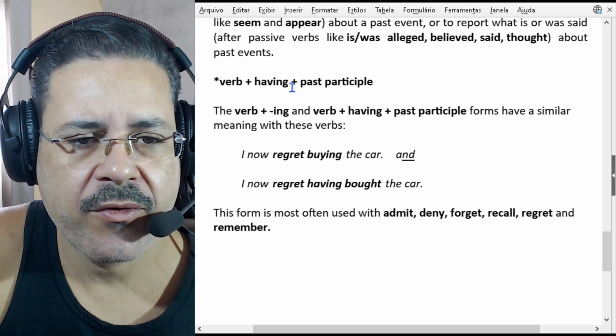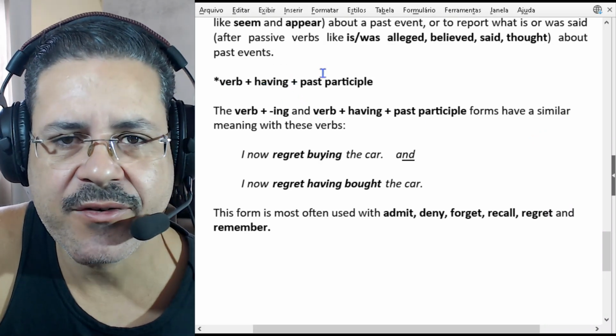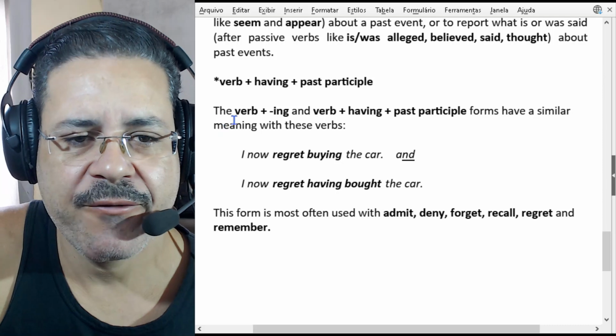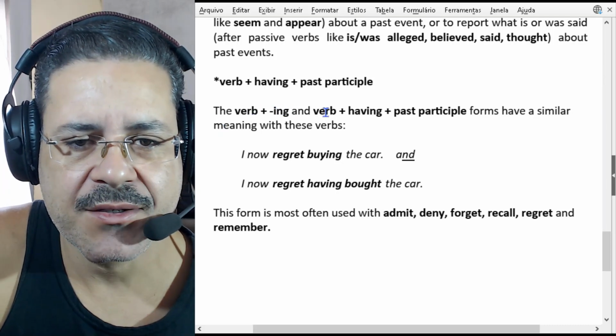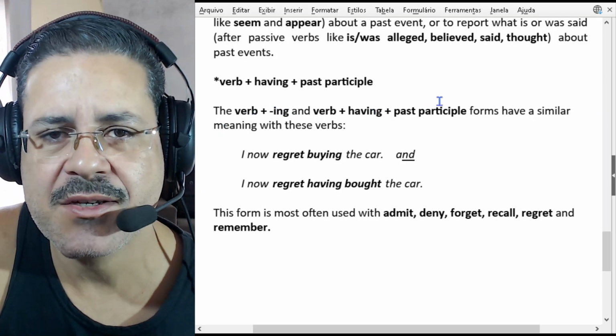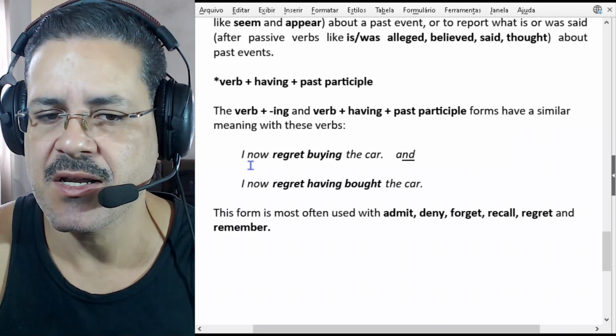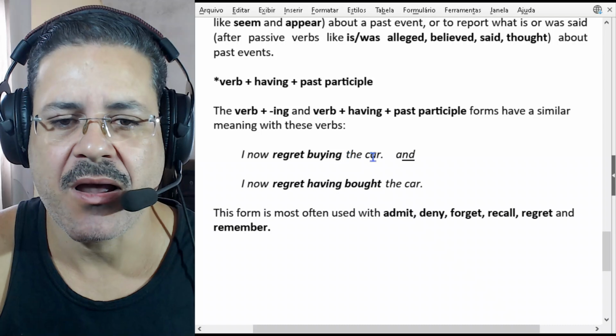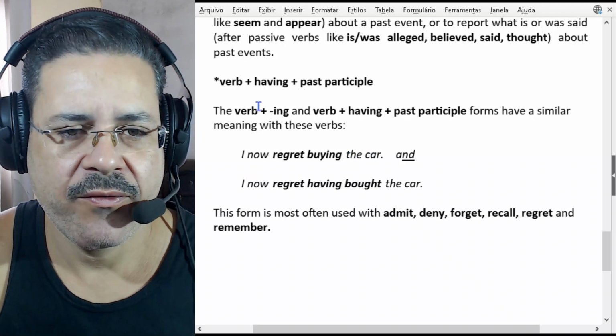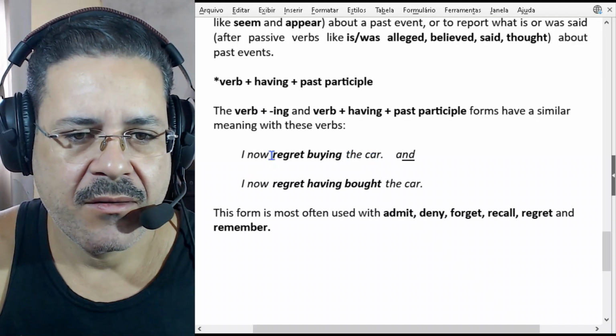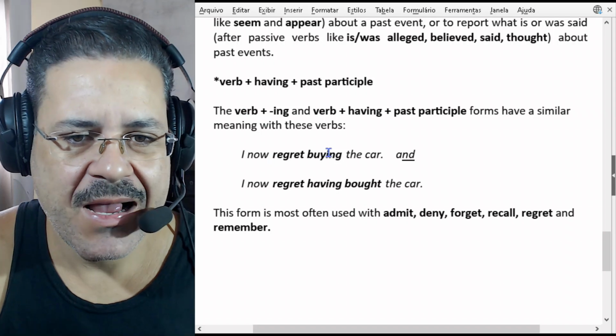Okay, moving on, we've got the pattern verb plus having plus passive participle. The verb plus ing and verb plus having plus passive participle forms have a similar meaning with these verbs. For example, I now regret buying the car. So we've got the verb regret, the verb plus ing.